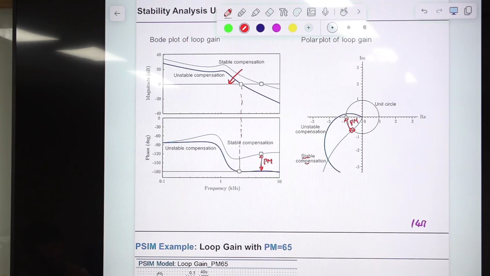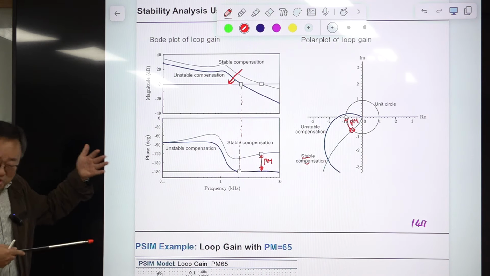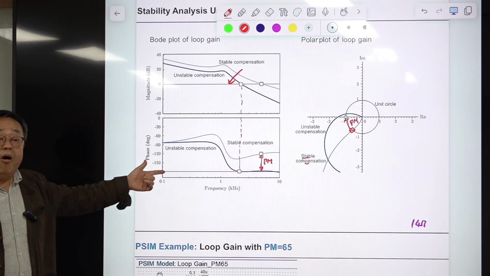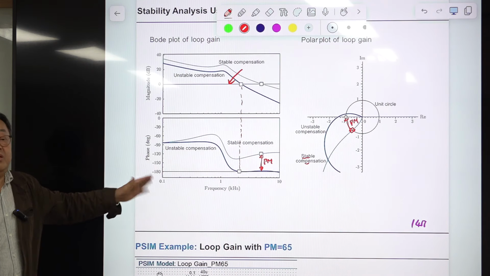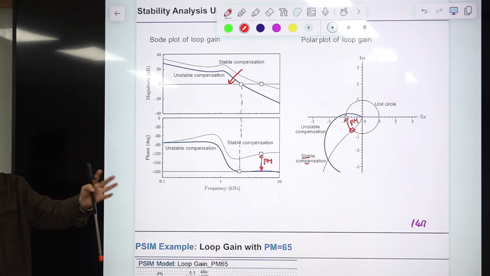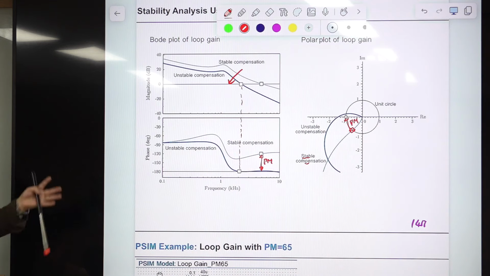So there is some limitation applying this theory to the boost converter and the buck-boost converter, but the buck converter is okay with this type of analysis. It's very accurate for a wide range of operational changes.